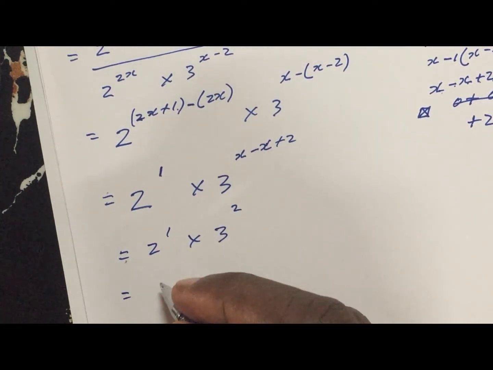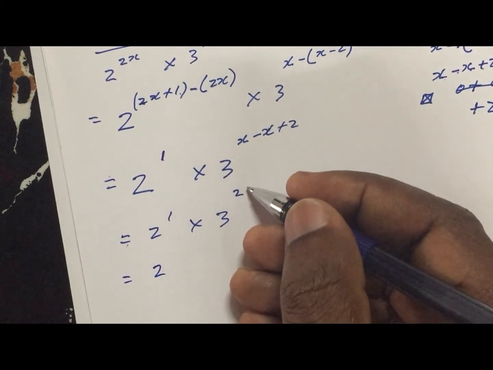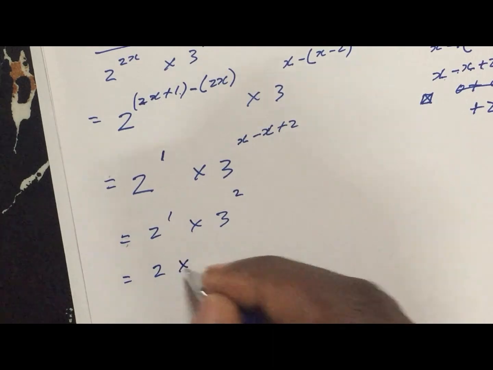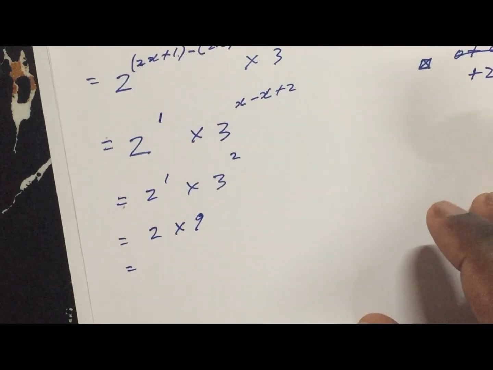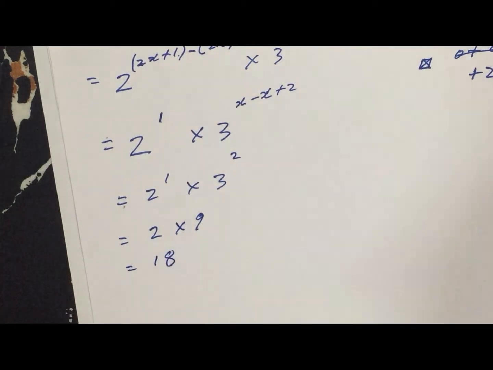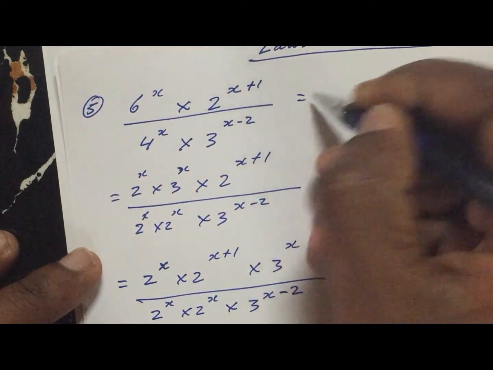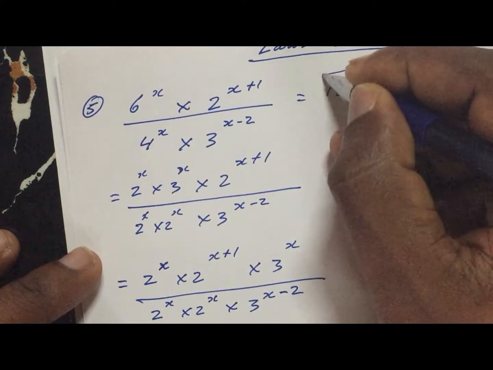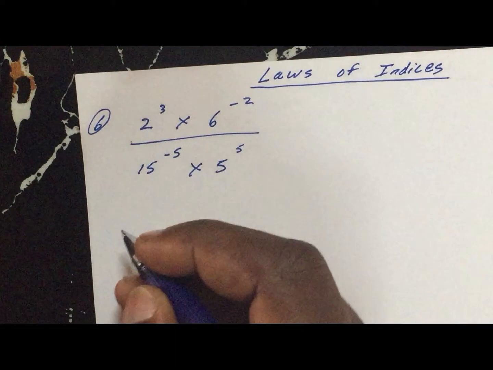So 2 to the 1 power is 2, and 3 squared is 3 3s, 9, and that would be 18. So therefore we can say this is equal to 18. This is our answer.